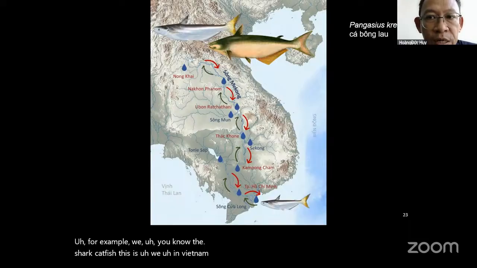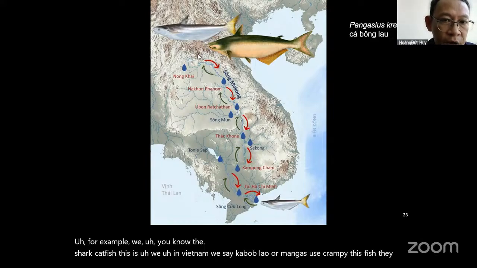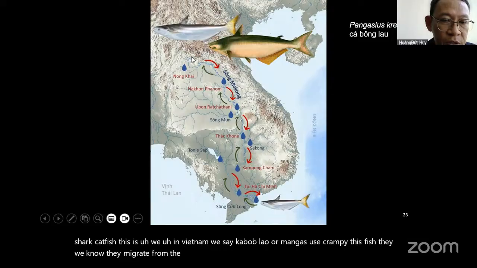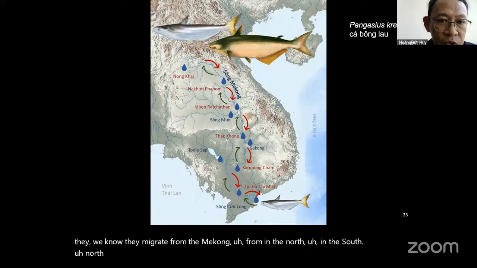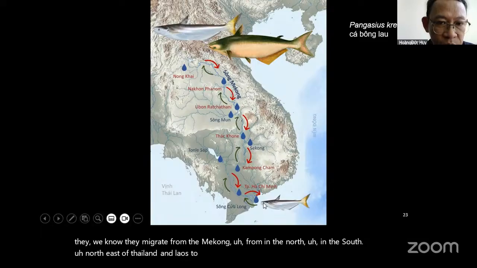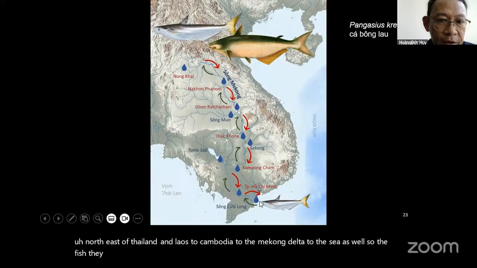This fish we know migrates from the Mekong, from the north in the south, northeast of Thailand and Laos to Cambodia, to the Mekong Delta, to the sea as well. So the fish have a migration in the mainstream of the Mekong.